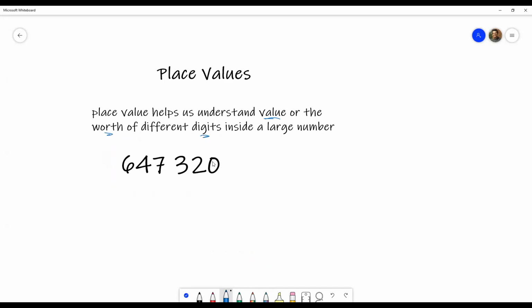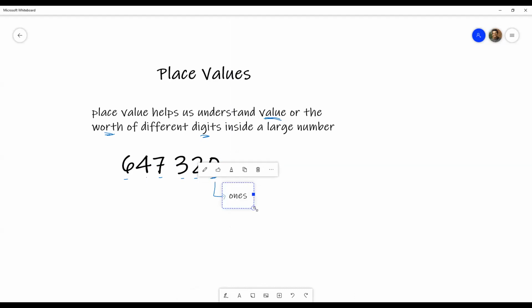Okay, so here, as we know about digits, 0 is a digit, 2 is a digit, 3 is a digit, 7 is a digit, 4, and also 6 is a digit. So different digits have different values or worth. Right now, the value of the 0 is, we can say, ones.